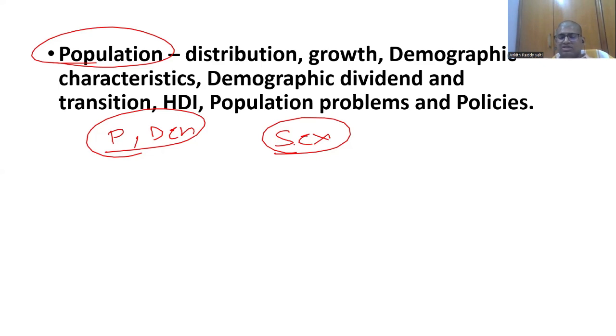Then you have to focus on HDI, the Human Development Index, with aspects like literacy rate, life expectancy, and per capita income. You should know the comparison between the states. You have to focus on the NITI Aayog reports related to aspirational districts and regional disparities within the country.